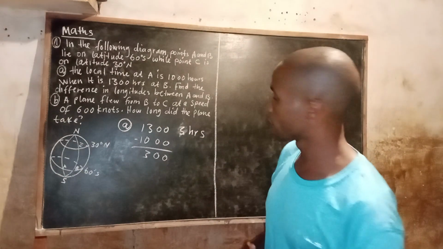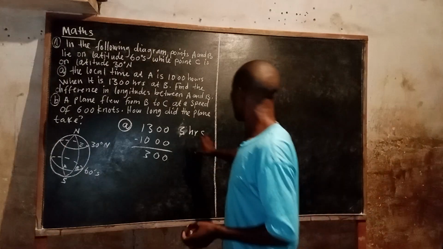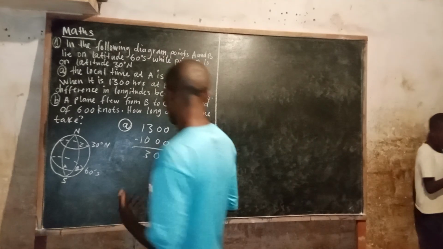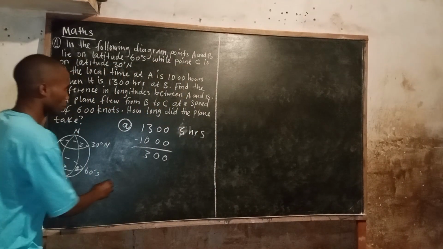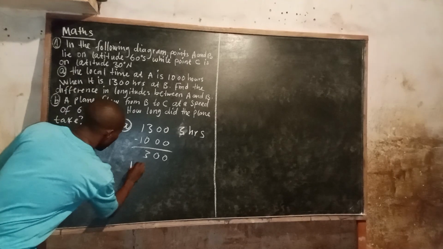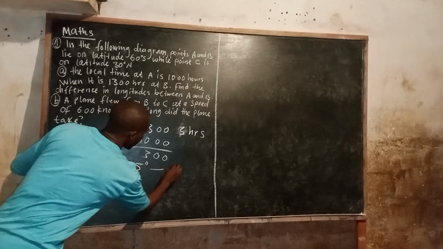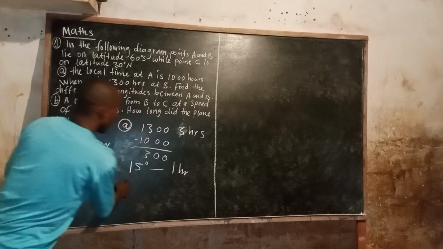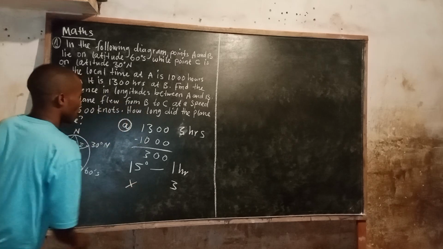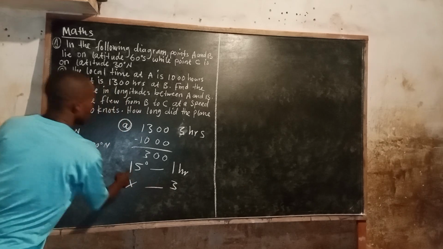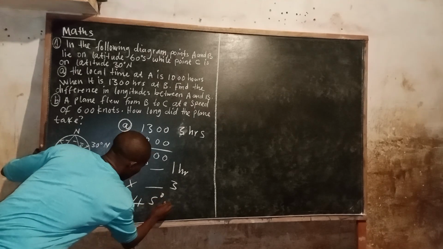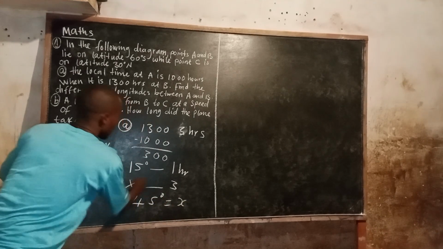Now for us to convert these 3 hours into degrees, we are going to multiply 15 times 3. Let us follow the ratio. We are saying 15 degrees is equivalent to 1 hour. What about 3 hours? We are going to say x. So 3 times 15 degrees, that will be 45 degrees, equals x, because x times 1 is x.